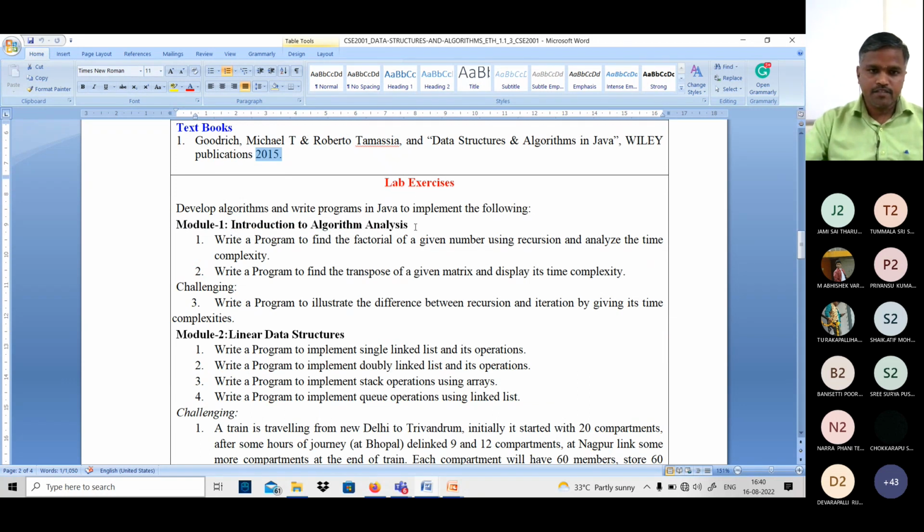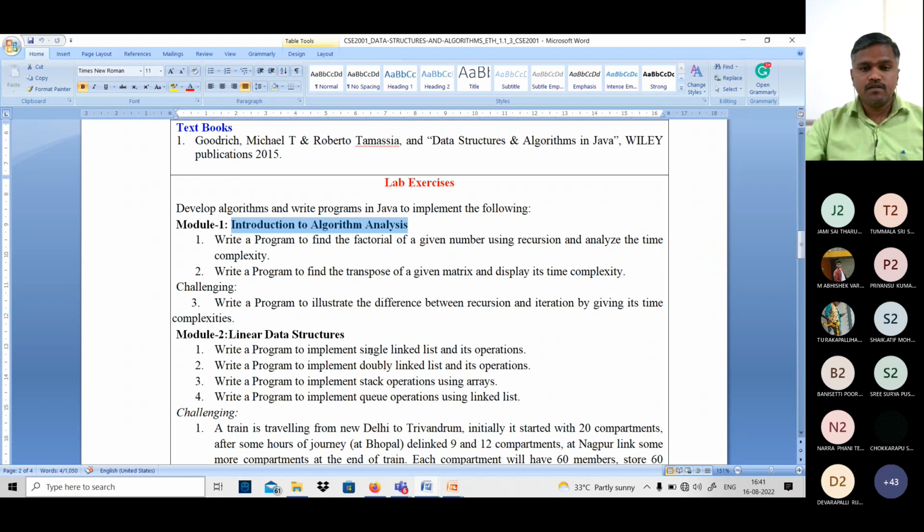The first 3 experiments are related to writing the algorithm and finding the time complexity of different algorithms. Based upon the time complexity, you will find the best algorithm and the worst algorithm.